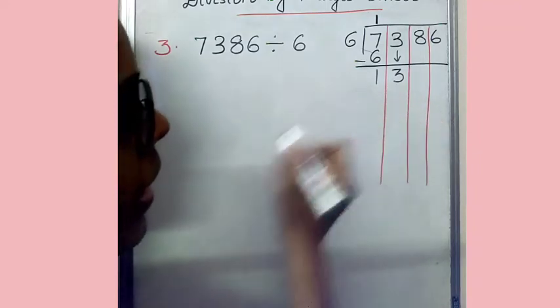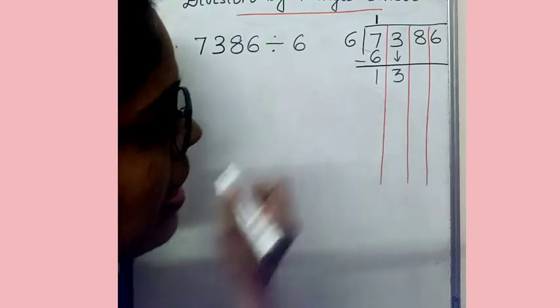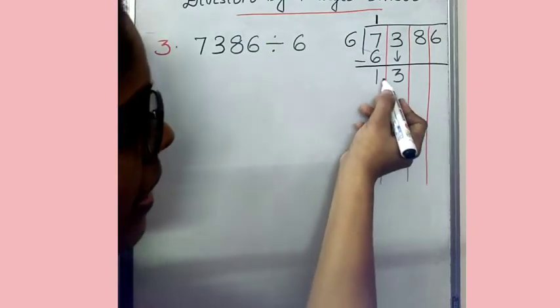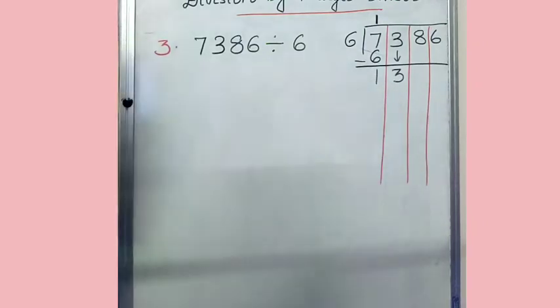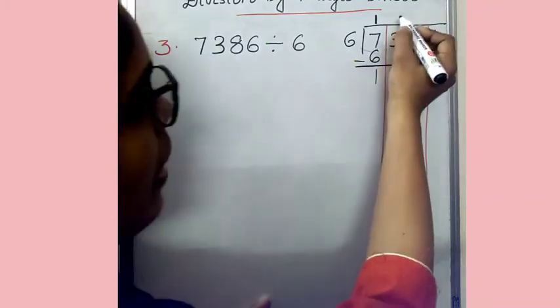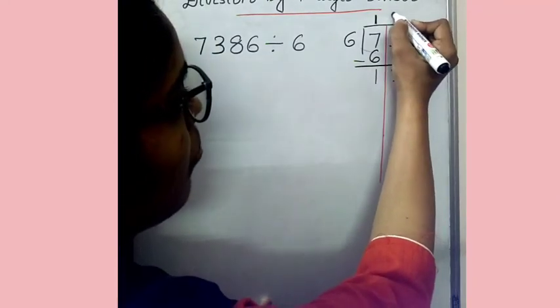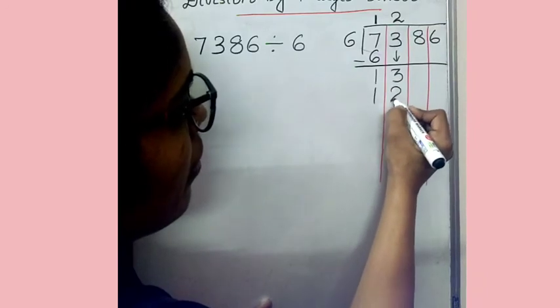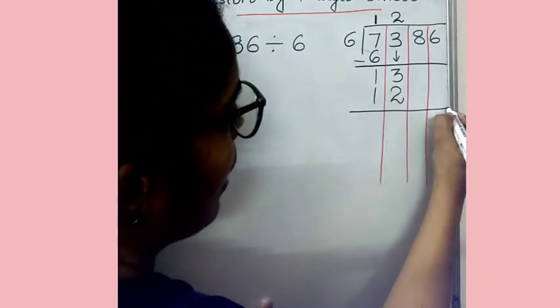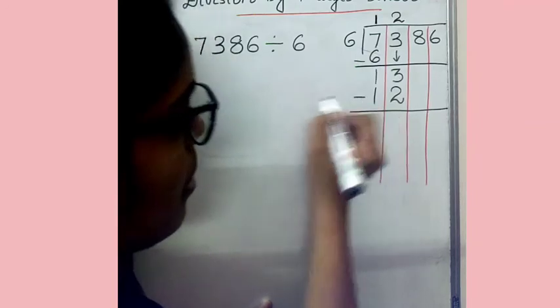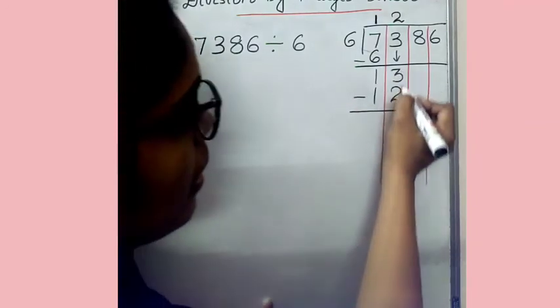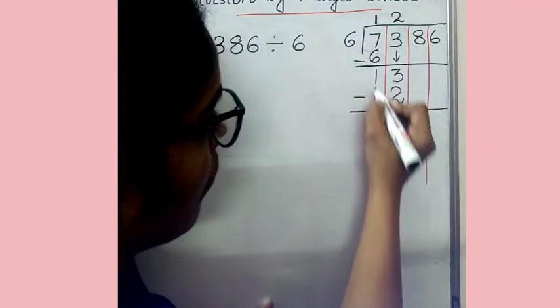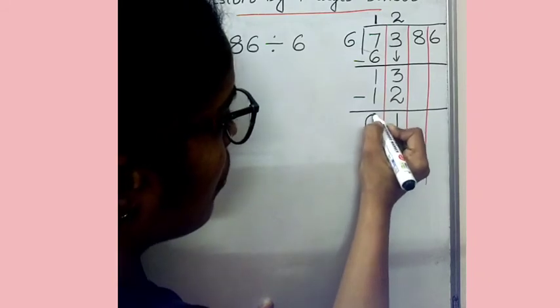I cannot write 18 here because 13 is less than 18. So, I put 2 here, 6 into 2, 12. Draw a line, put the symbol of subtraction, 3 minus 2, 1. 1 minus 1, 0.